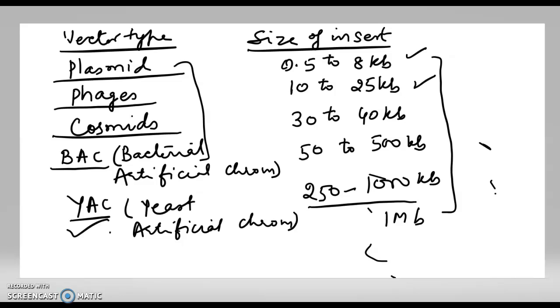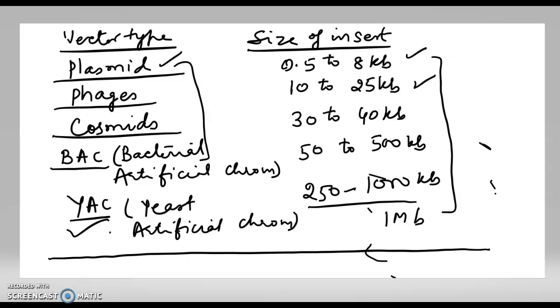So this is about basic features of vectors that we are using in cloning experiments. Now in my next video, I will explain you about vectors, that in case of plasmids we have different types of vectors depending upon their features, and some of the plasmid vectors are naturally occurring and some are modified also. Similarly, in phages, two types of vectors are there, M13 and lambda phage.